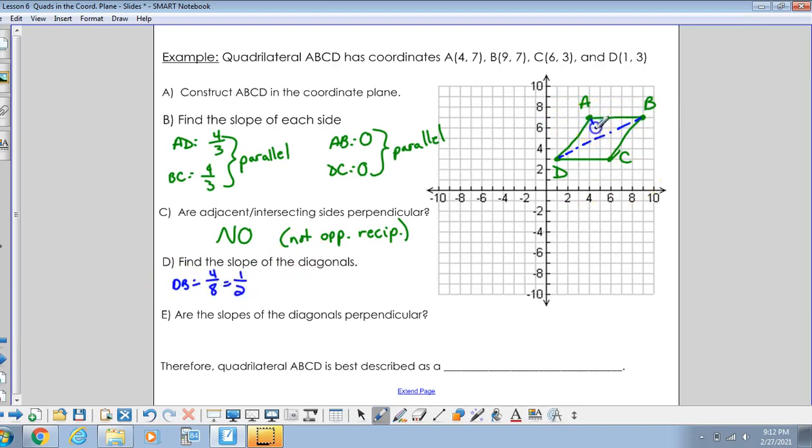And when we calculate the slope for AC, this one's going down 1, 2, 3, 4, and right 1, 2. So down 4 and right 2, that simplifies to give me a -2. Are the slopes of these diagonals perpendicular? Positive 1/2 and -2, yes, they are opposite reciprocals.